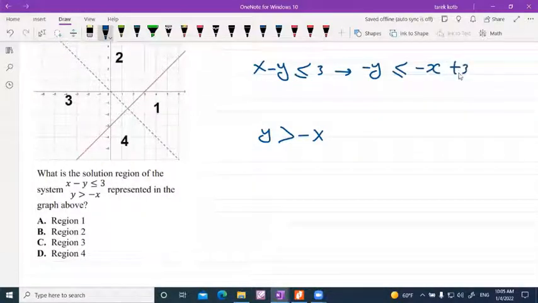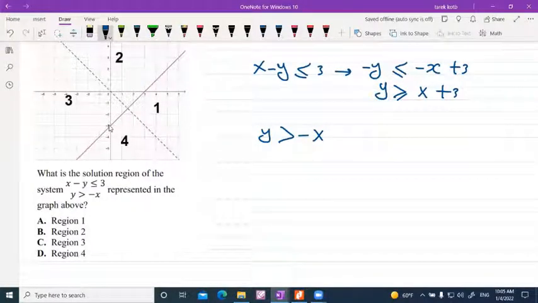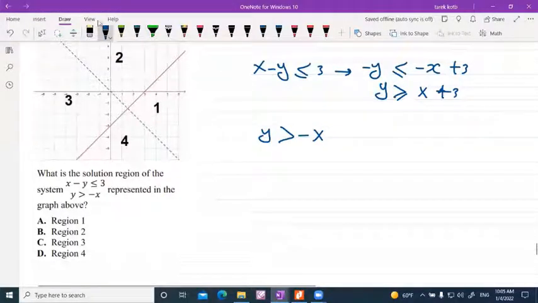Let me simplify this. It will be negative y less than negative x plus 3. Take the x to the other side and multiply by negative. It will be y greater than x minus 3.